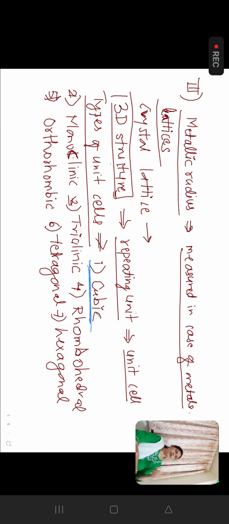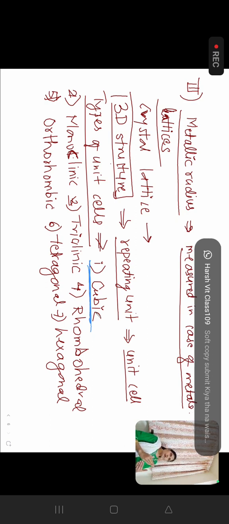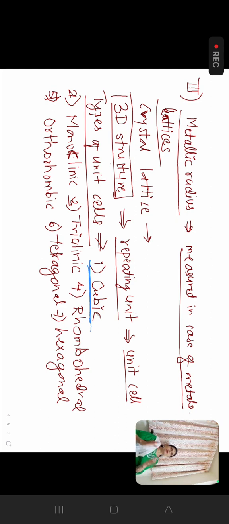These repeating units are called unit cells, and they have different structures in different metals. If it is cubic, then what will be there? Have you written the names of the 7 types of unit cells?